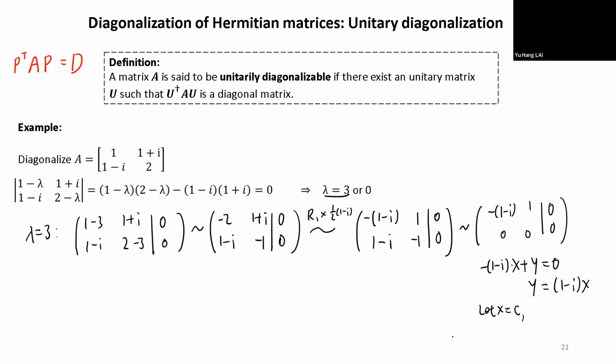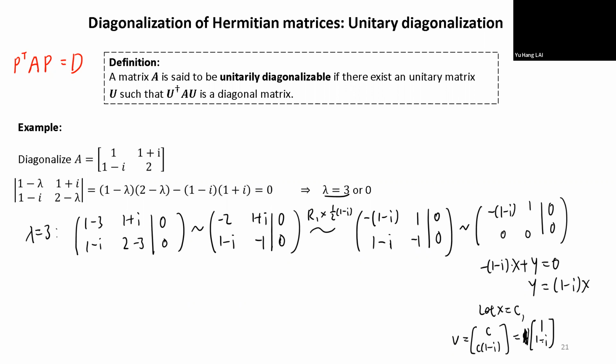So my eigenvector is c times (1, 1 minus i). Of course, the c is irrelevant, so I just put it outside. So then my eigenvector is just (1, 1 minus i).